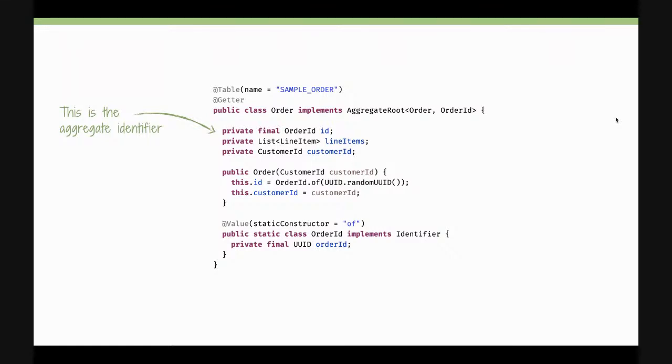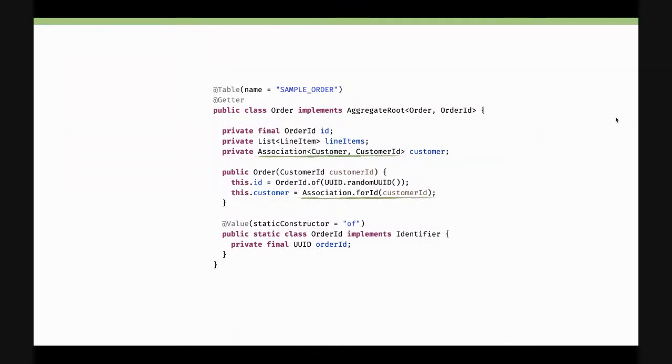In this case, it's obvious because the aggregate root is typed to OrderId, but assume you have a Person that has a list of team members that are also Persons, or PersonIds, then it's kind of PersonId, and then you kind of lose track. There is a way to make that explicit.